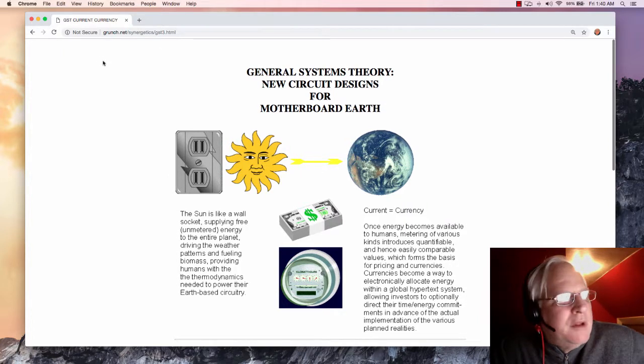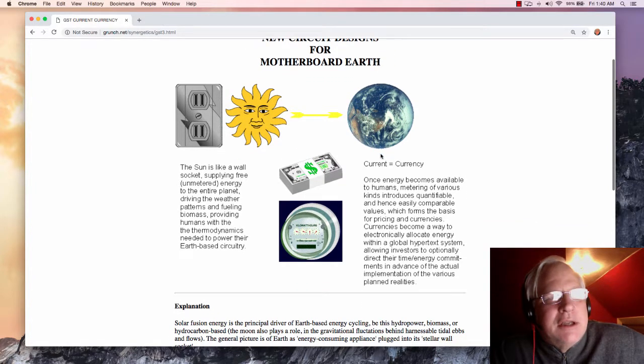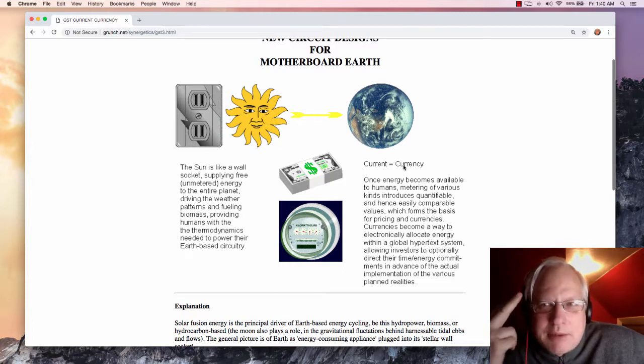So here the sun is like the electrical outlet, and the earth is plugged into it, getting energy. And current is based on the value of, you can see from Bitcoin and all that, at least it's welded in the public's mind now, that the value of Bitcoin has something to do with the energy it takes to maintain the Bitcoin system.